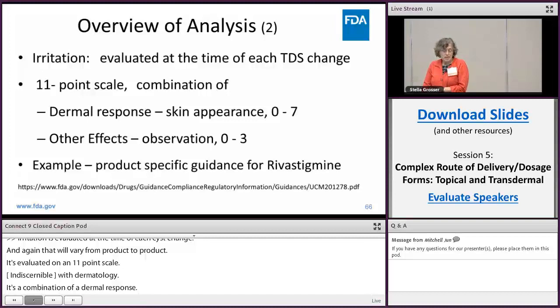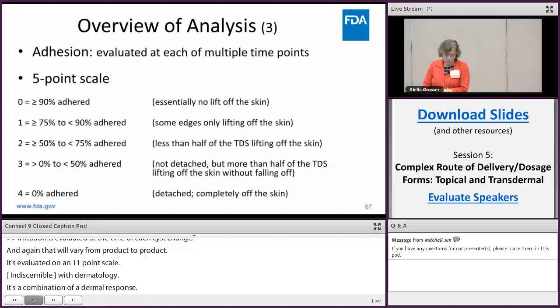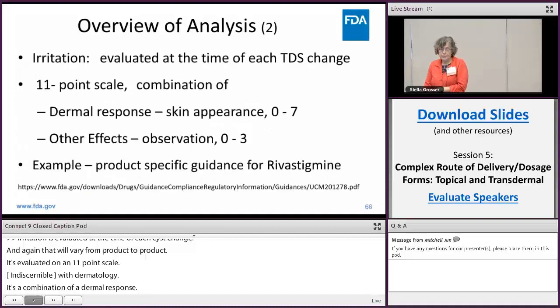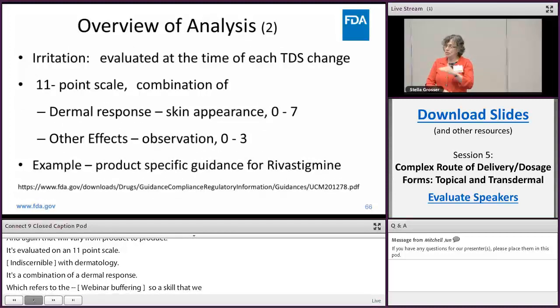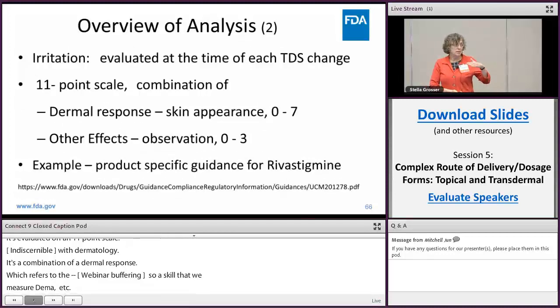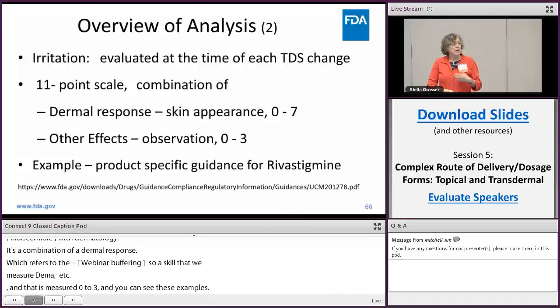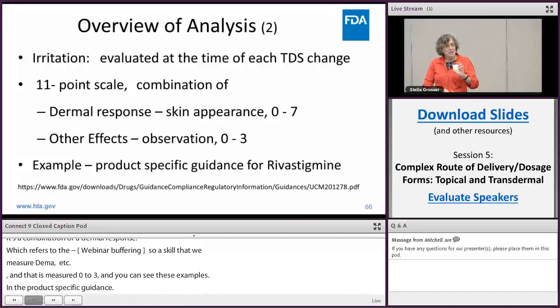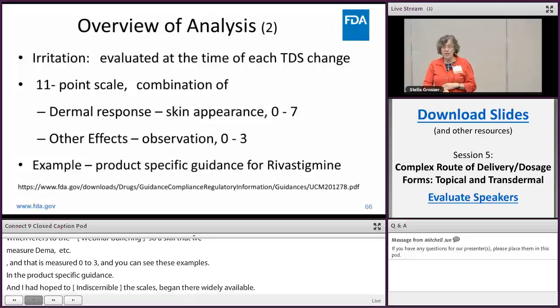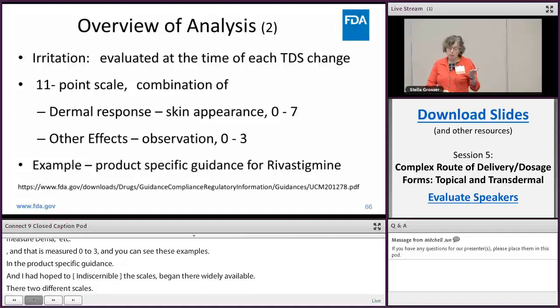You can see these examples in the product-specific guidance. I had hoped to include these scales, but they're widely available. There are 2 different scales measured by the clinician, the observer, and added together, so it ends up being 0 to 10.